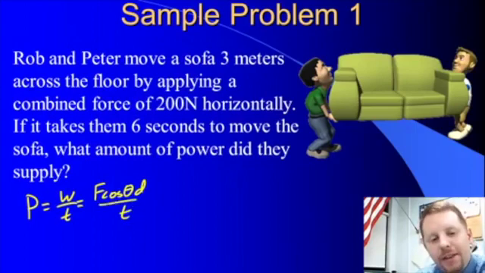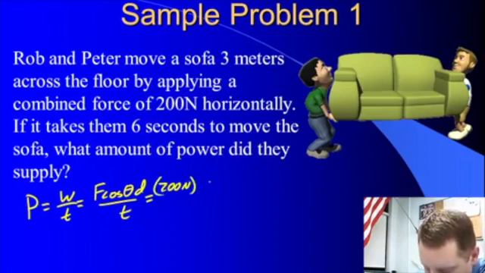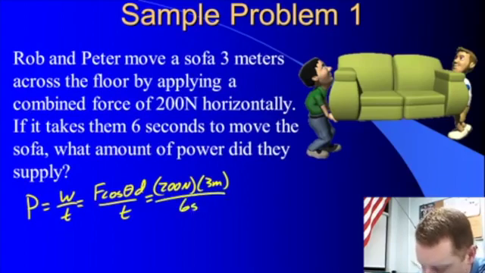Since the force and the displacement are in the same direction, cos theta is cosine of 0, or 1. So we end up with force, 200 newtons, times the displacement, 3 meters, over the time of 6 seconds, for a grand total of 100 watts of power.